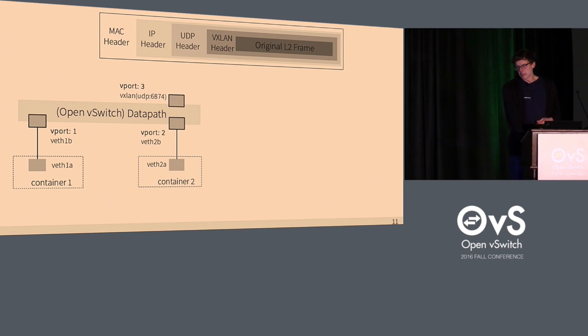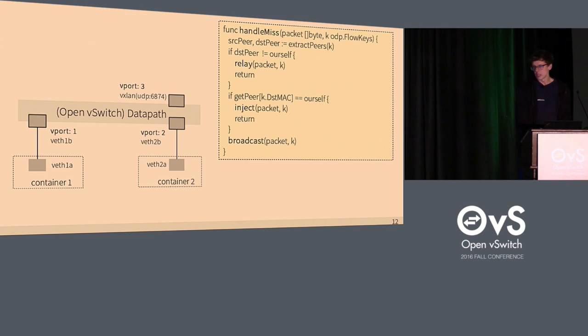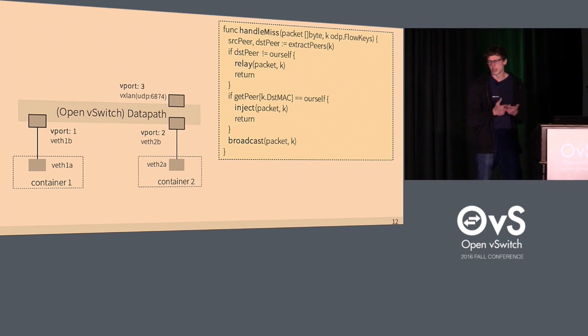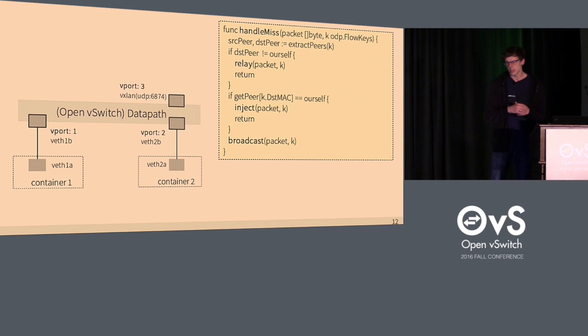And in the case of a VXLAN vPort, we need to change our mesh handler a bit. So in this case, as you can see, the first line extracts the host ID, like source host ID and destination host ID.